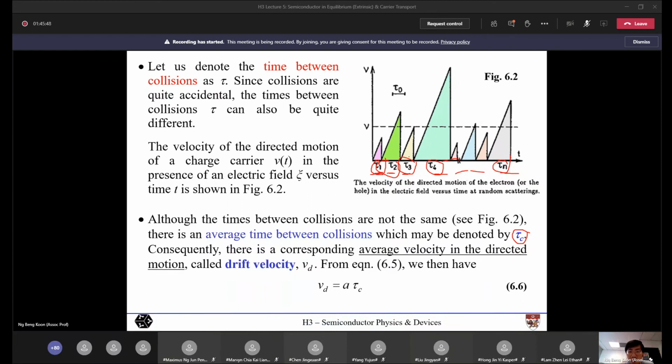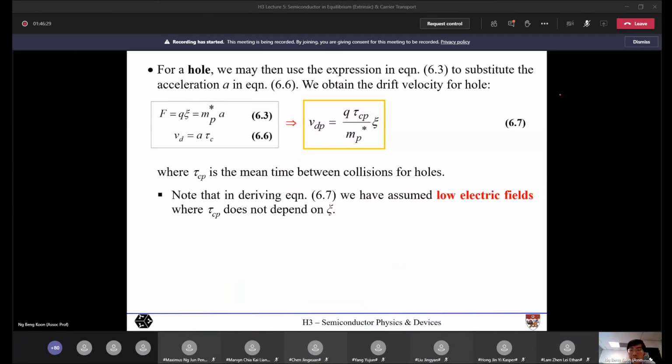If you find the average and define it as tau c, we can put it into the expression we have and say that the average velocity at which the carrier is drifting is just the acceleration multiplied by the average time between collisions. That gives you an estimate of the average speed that the carrier can move in the semiconductor before it undergoes a collision process. That's called the drift velocity.